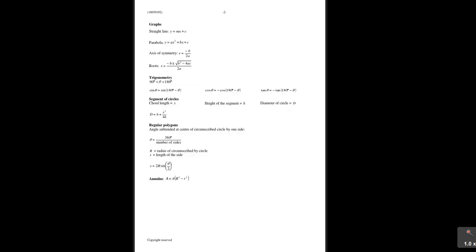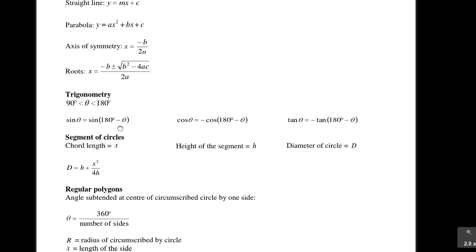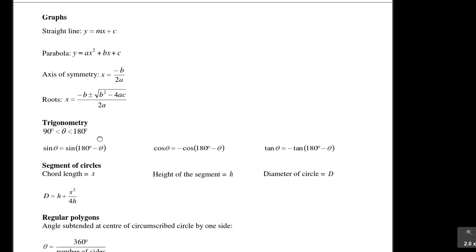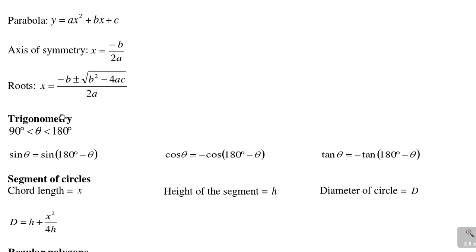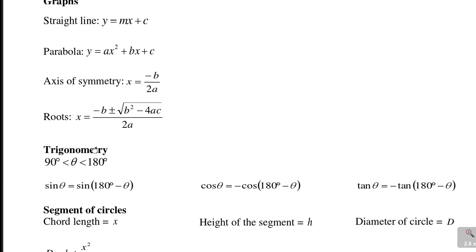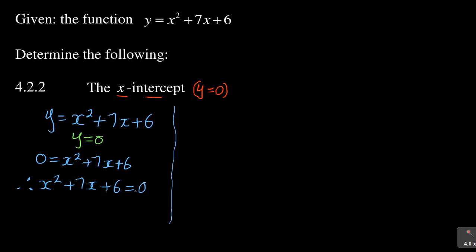If we look at the formulas, this is my formulas, and there is the part that they are saying here. You can see the graphs there, and if I expand further, you can see they have the straight line, parabola, axes of symmetry, and roots. So now if you focus on the part that says the roots of this equation, you're given x is equal to minus b plus or minus, that's the part that you are looking for, because what you're solving for here are the roots, because you say it is equal to 0.